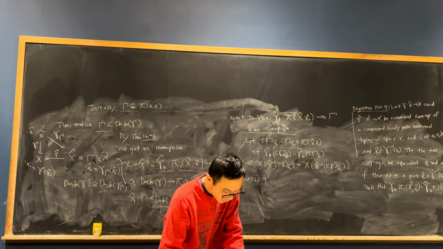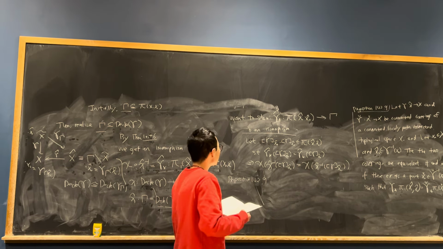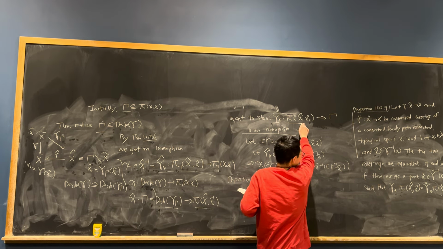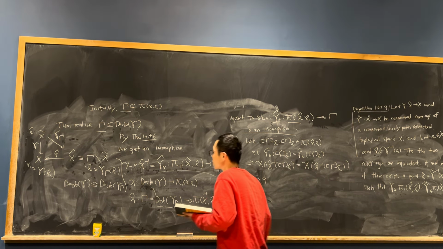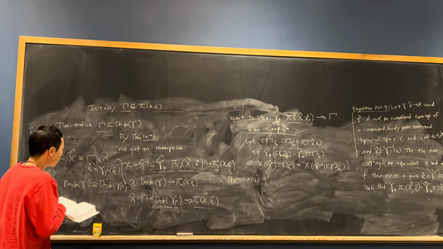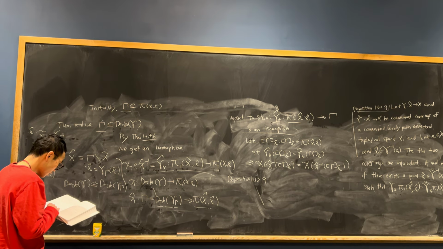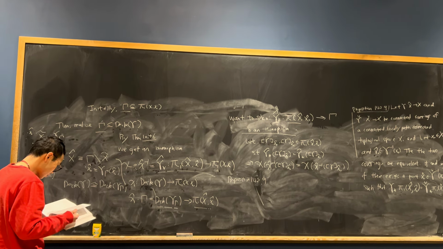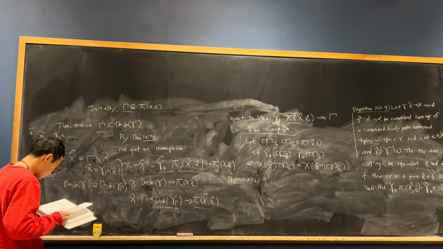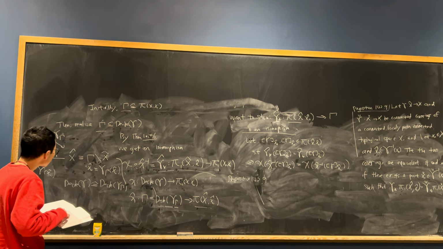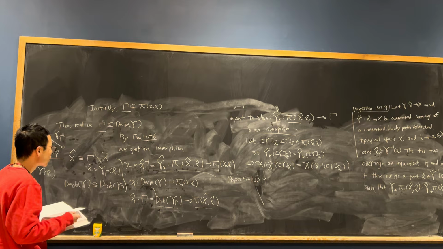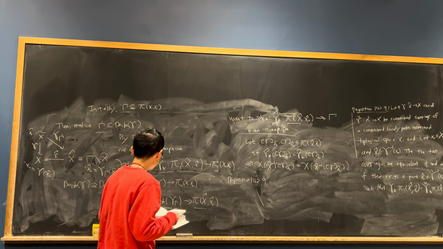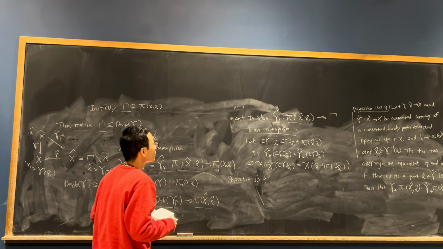Okay, so here I think we have it, right? So here we know that this is the isomorphism. So now, what happened to our original case? Let me try to think.